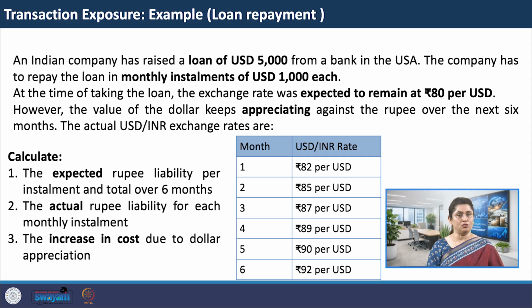However, the value of the dollar keeps appreciating against the rupee over the next 6 months, and we have been given the actual USD INR exchange rate for the coming 6 months. Here we have to calculate the expected rupee liability per installment and total over 6 months, the actual rupee liability for each monthly installment, and the increase in cost due to dollar appreciation.